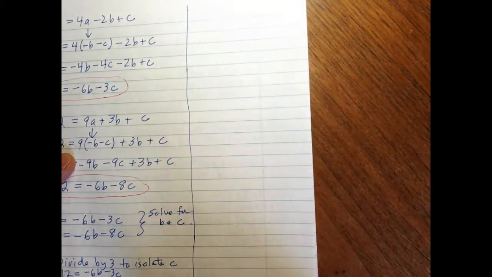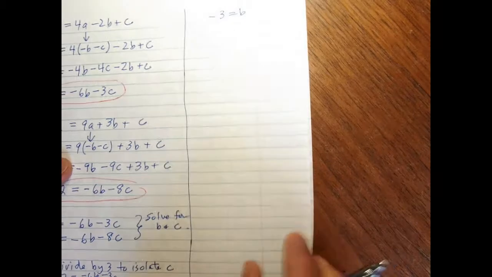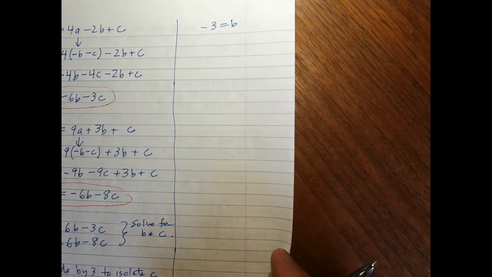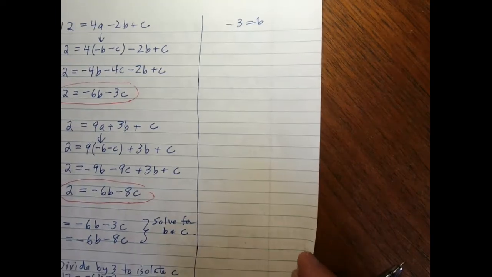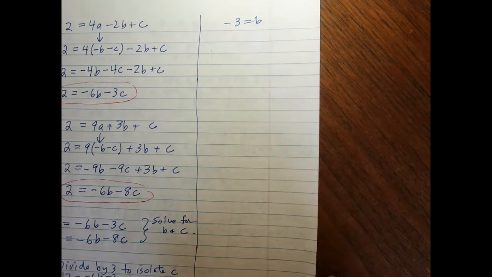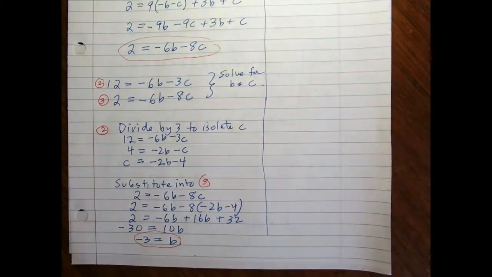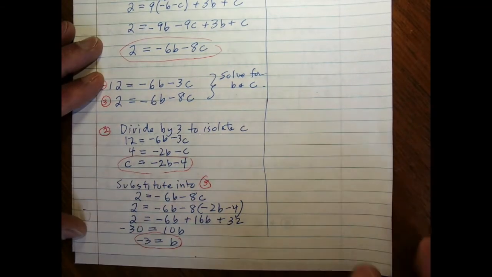And what I'm going to do is on this sheet, I'm going to come back up to the right-hand side. I got negative 3 is equal to b. Now I got to find my a and c values. Anywhere along the line, I can use any equation that just has a b and a c. I'm actually going to choose the equation I got where c was isolated, right?